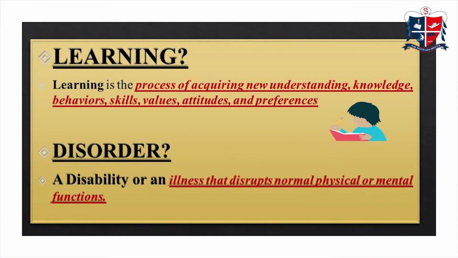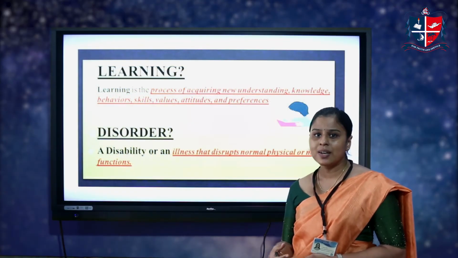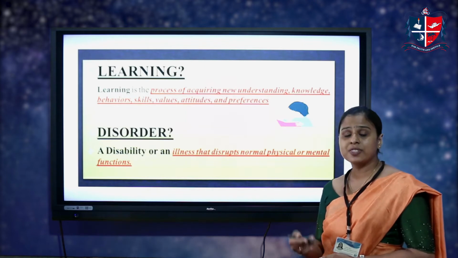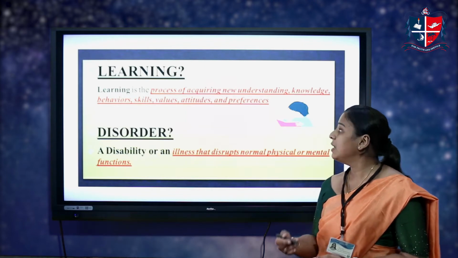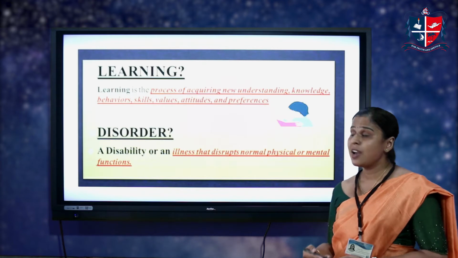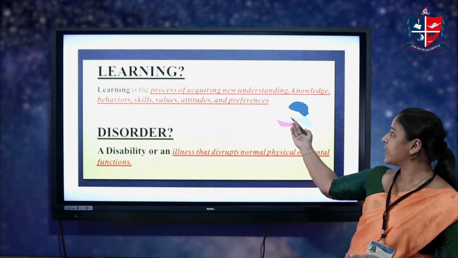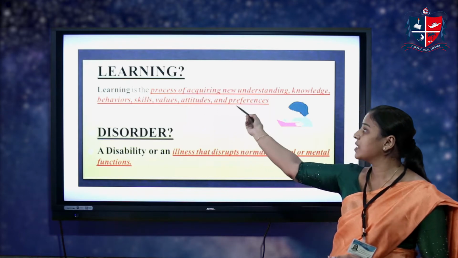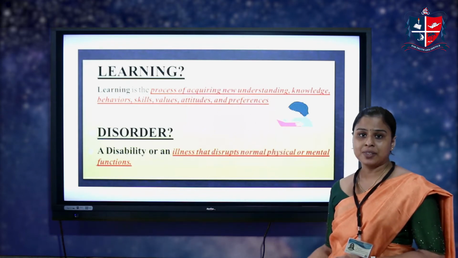So what is learning? We acquire skills and knowledge through observation, practice, etc. Learning means acquisition of skill and knowledge. Learning is a process of acquiring new understanding, knowledge, behavior, skill, values, attitude, and preference.